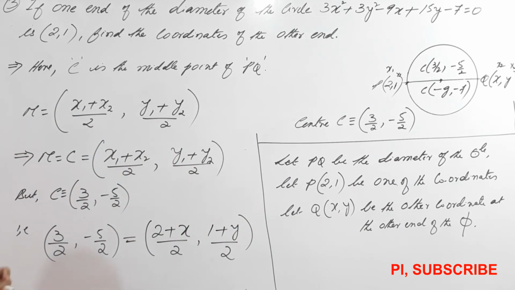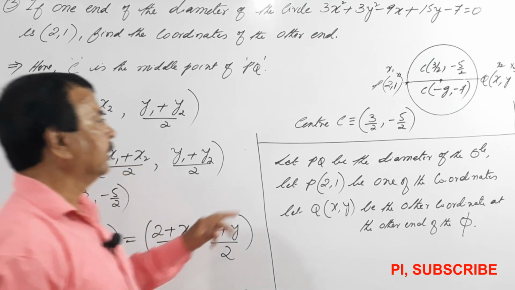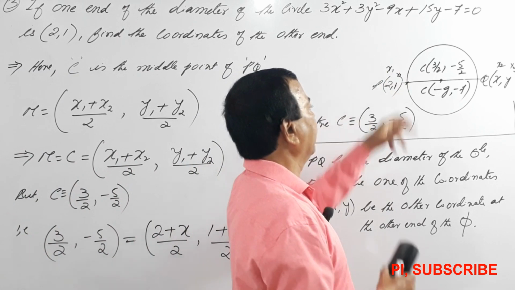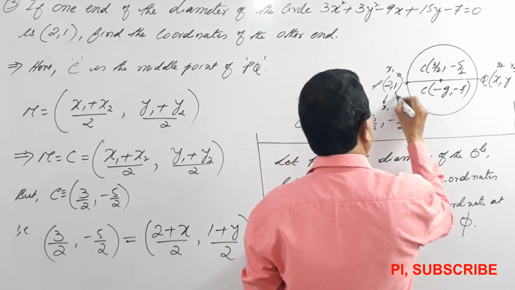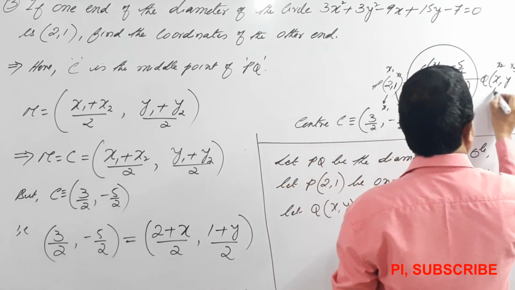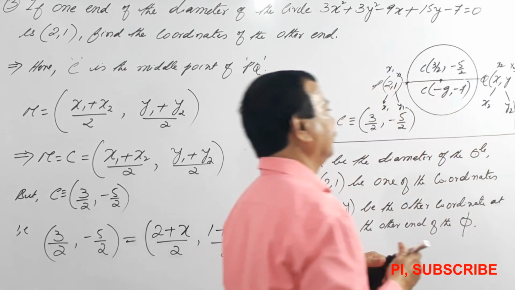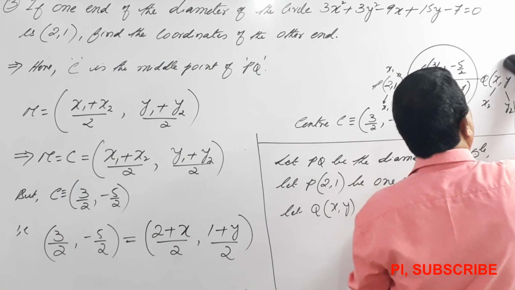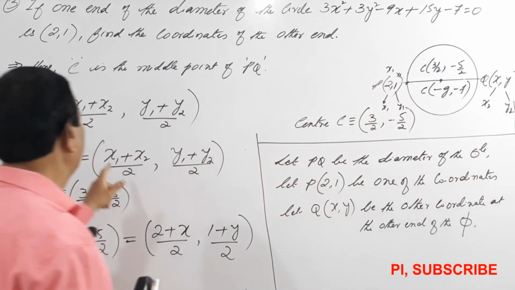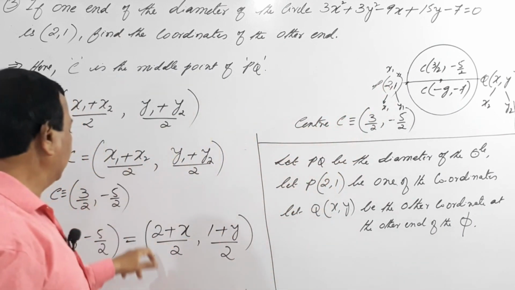Did you follow what I have done? I have taken C as it is. If I consider one point, it is x1 plus x2 by 2, and I consider this as x1, y1 and this as x2, y2. x1 is nothing but 2, so I have written that 2 here.